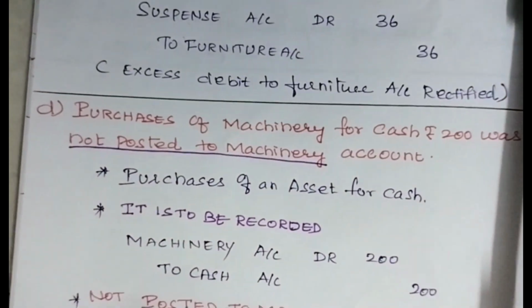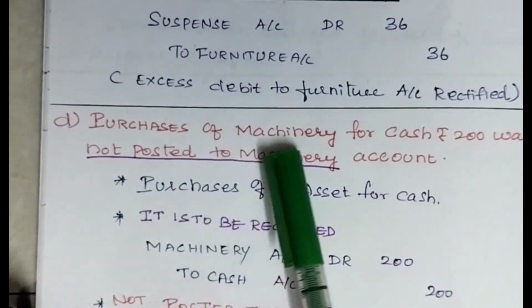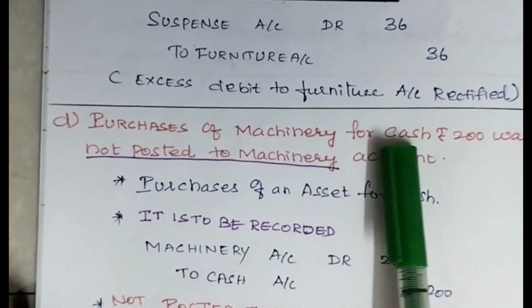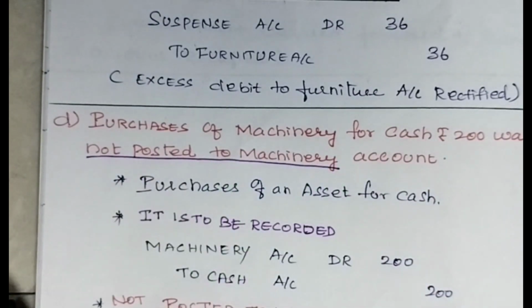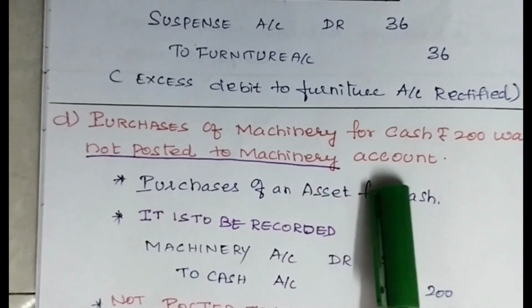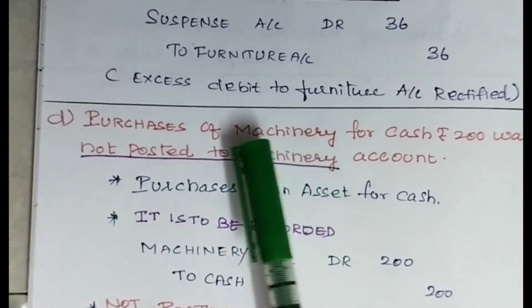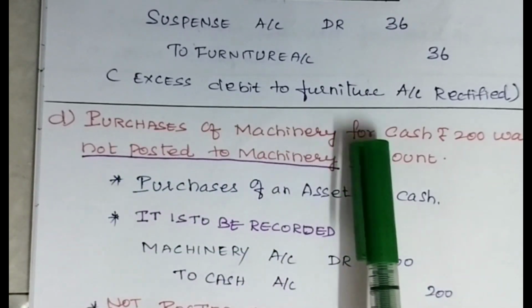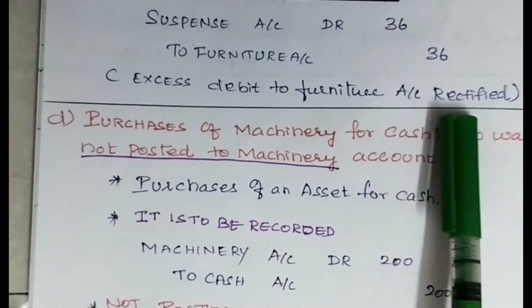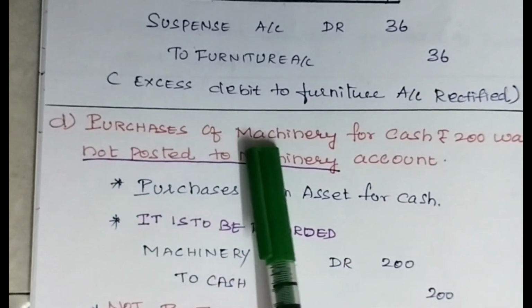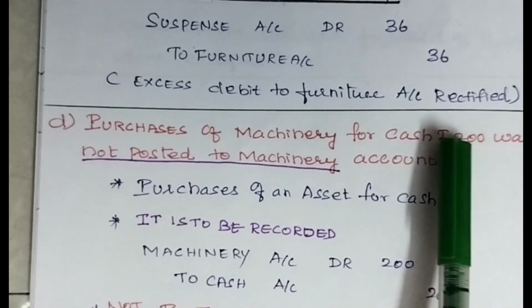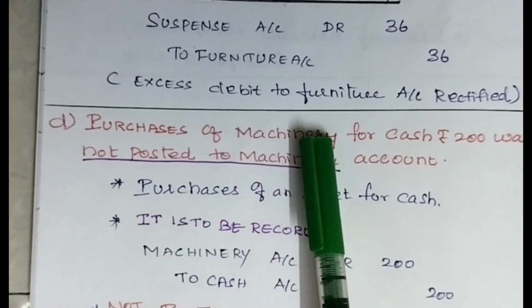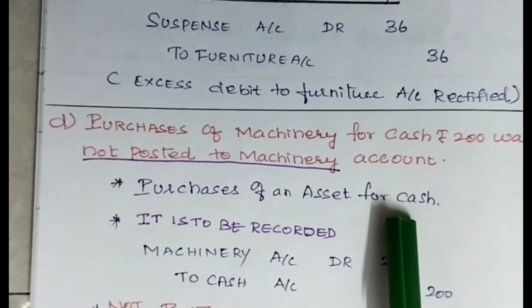The next transaction is: purchase of machinery for cash, rupees 200, was not posted to machinery account. What does this transaction tell us? You purchased an asset for cash.